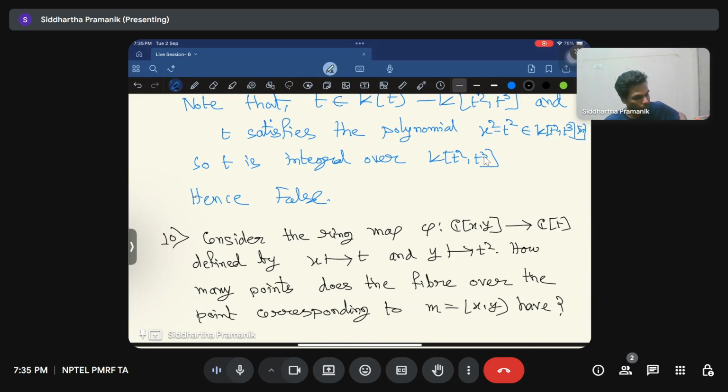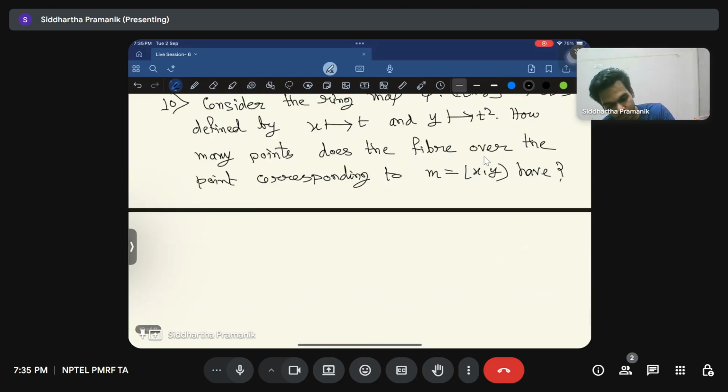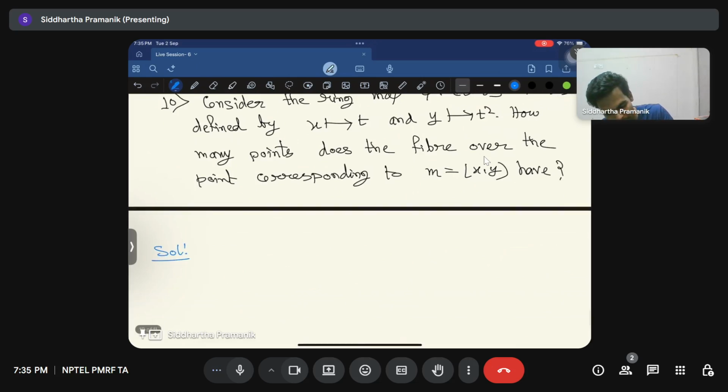So let's try to understand what this question means. So we are given a ring map phi from C[x, y] to C[t]. x goes to t, y goes to t^2.